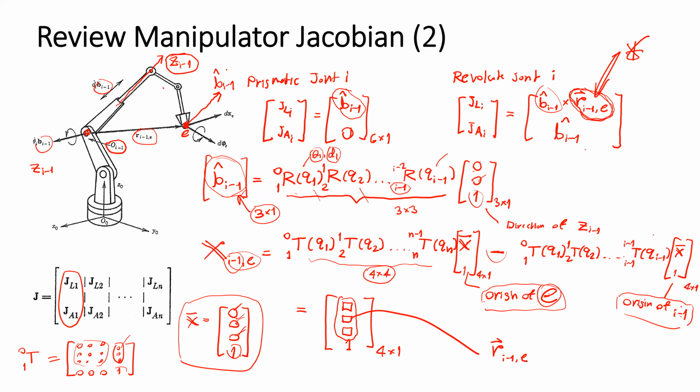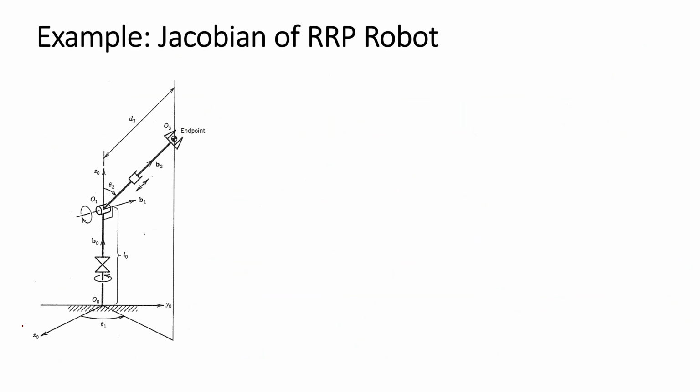These first 2 slides are a review from what we learned in the previous week. In the real application, how can we compose the Jacobian metric for a real manipulator? This is an example of a manipulator.